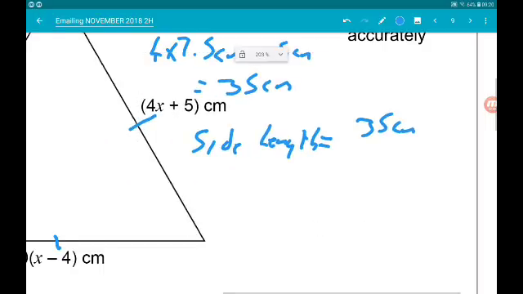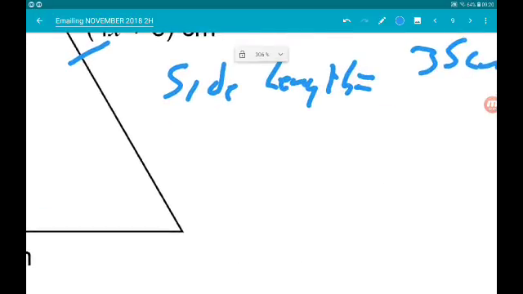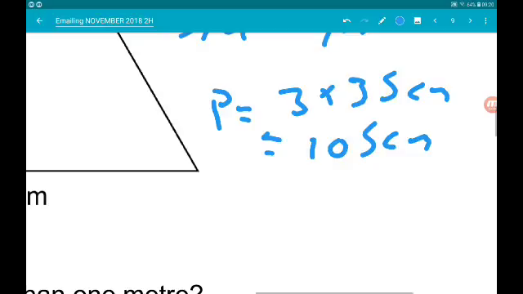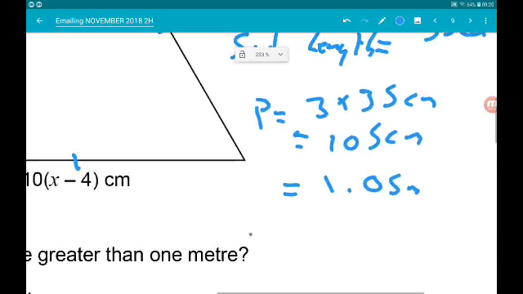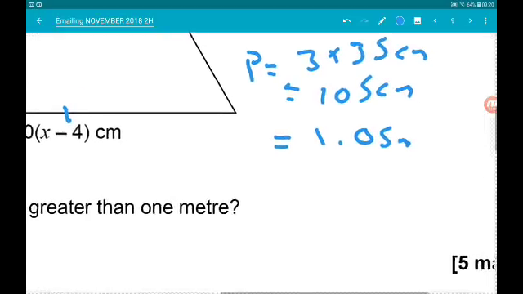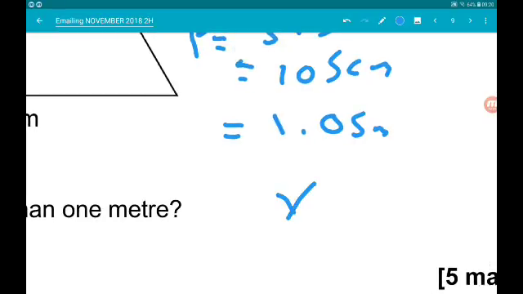So the perimeter is 3 times 35 centimetres, which is 105, which is 1.05 metres. So, is the perimeter greater than 1 metre? Yes.